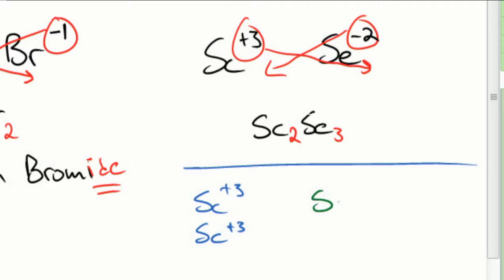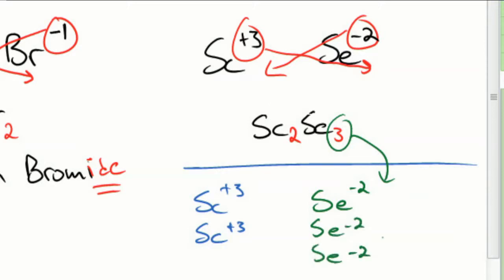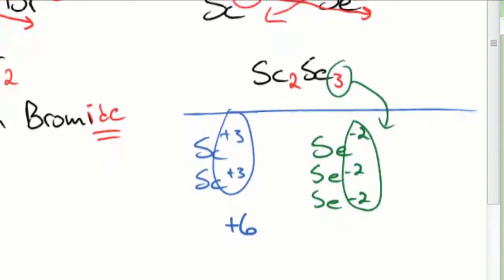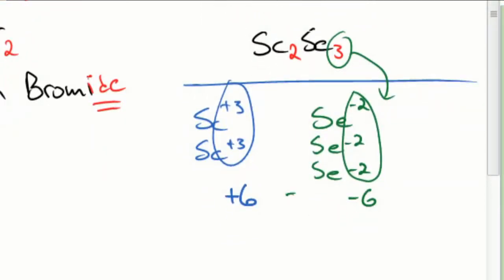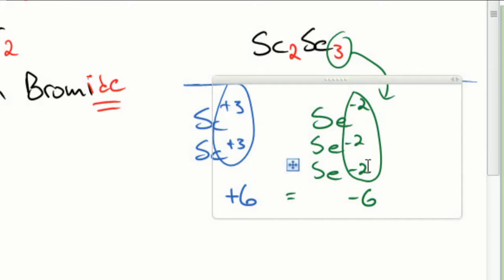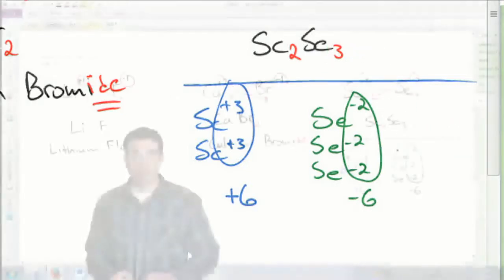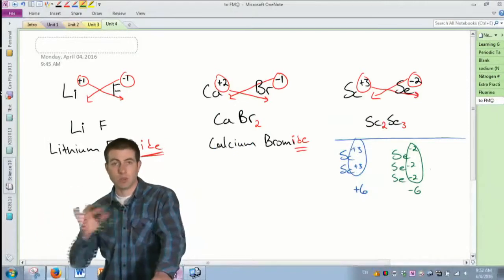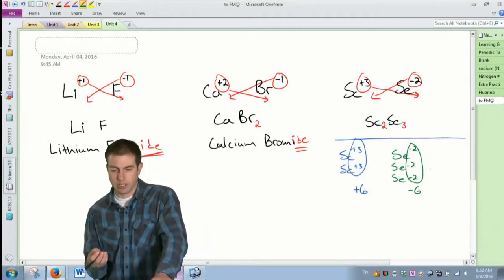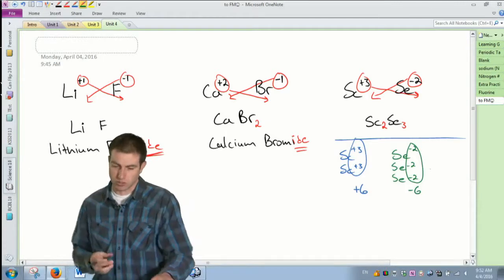Selenium has a charge of -2, and I have 3 of them. What is the total of positive charges here? +3 and +3 gives me +6. The total of negative charges here is -6. They have to balance each other out. If they don't, you've done something wrong. That is how these work 100% of the time. If your positives and negatives don't balance, go back and look at it again. The other thing is it needs to be in lowest terms.